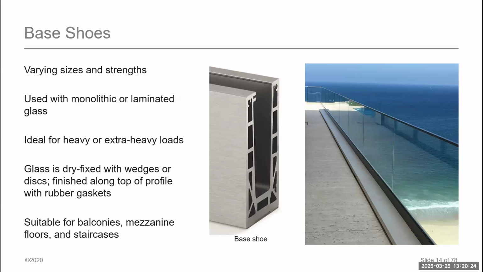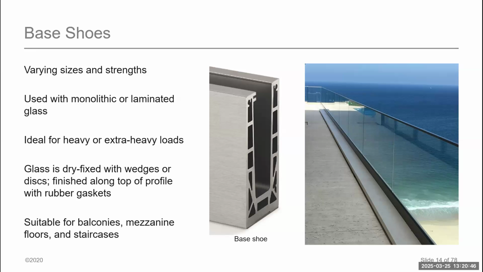However, typically in code, when we have a guardrail situation, we will need to use laminated glass, which we'll talk about in more detail. And then, as I said, there are varieties out there to take hurricane impact type winds. The other thing that we also want to talk about is there are many ways to fasten the glass into a base shoe.